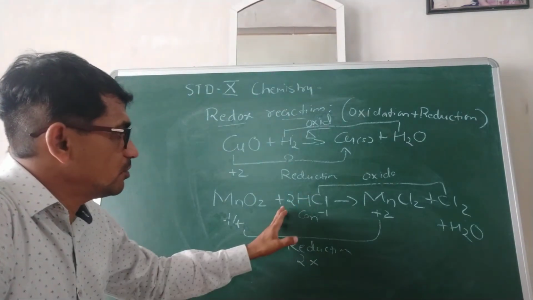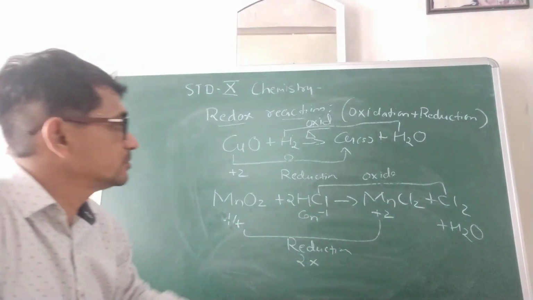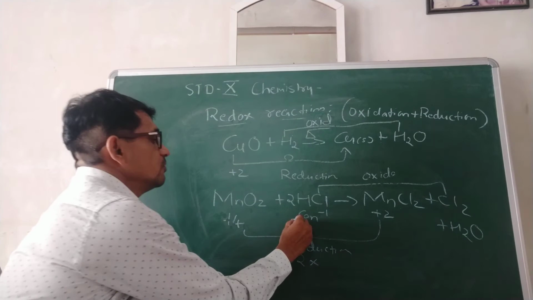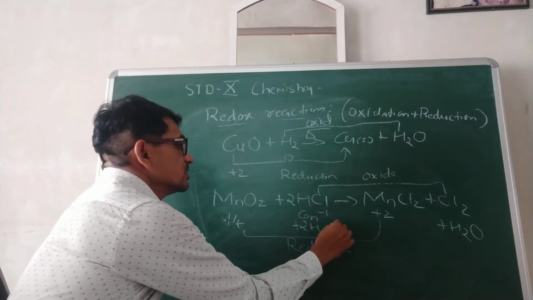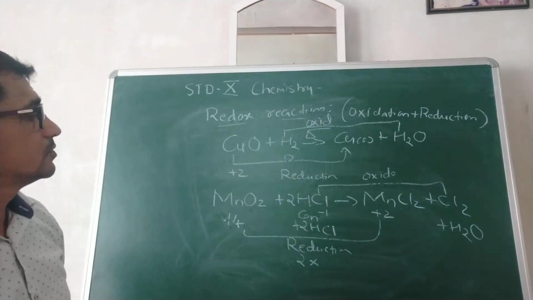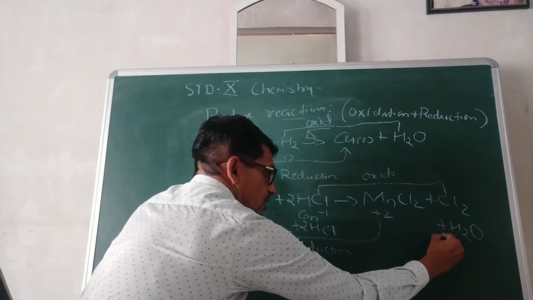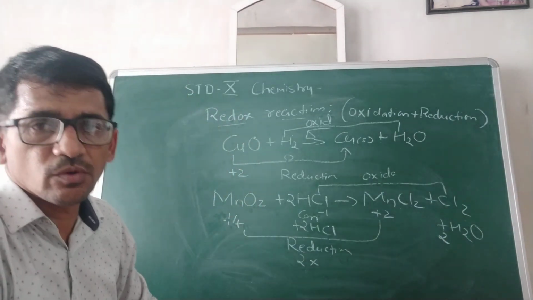But if you counterbalance the chlorine here, again we require 2 chlorine extra. So again we have to write 2 HCl. If you write this 2 HCl, then here 2 H2O is formed.